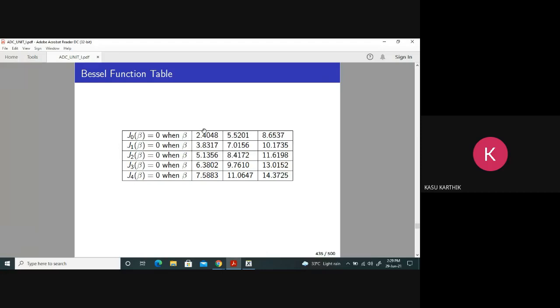Whenever beta equals 2.4, we are getting 0 carrier component for the first time. Why? Because I told you these Bessel functions are oscillatory in nature. It is becoming 0 for the first time at beta equal to 2.4, again at 5.5 for the second time, and 8.6 for the third time.